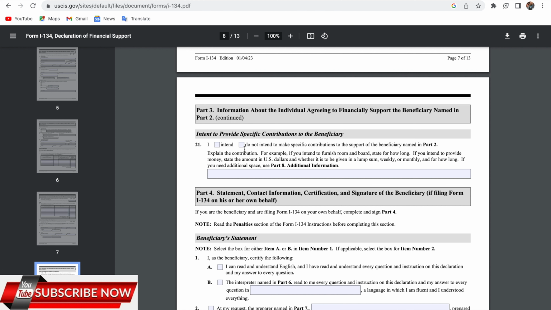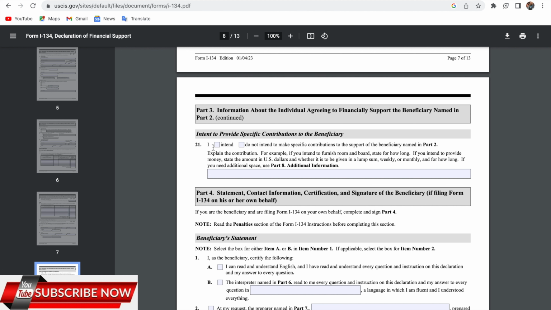So if you are not going to make a specific contribution, you say I do not. But if you intend to, it says, for example, if you intend to furnish room and board, state for how long. If you intend to provide money, state the amount in US dollars and whether it is to be given in a lump sum, weekly or monthly.